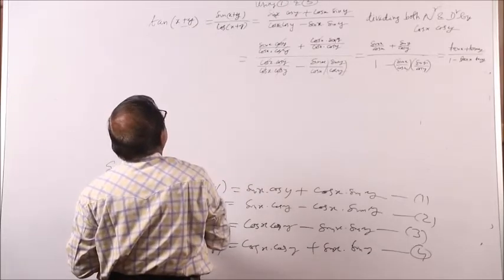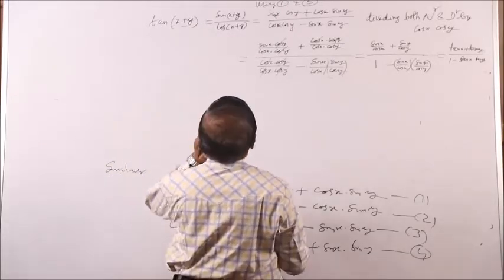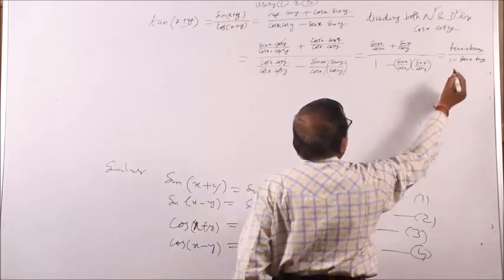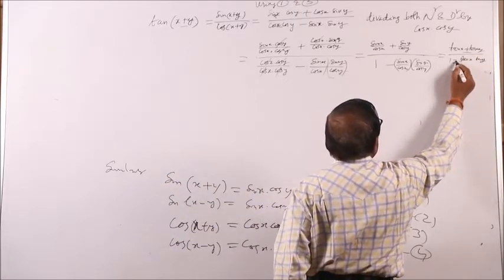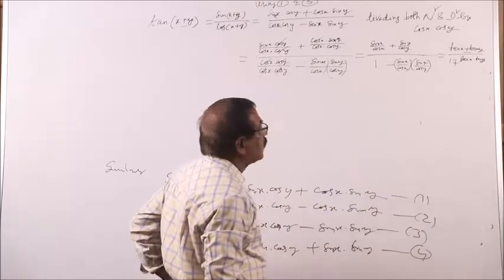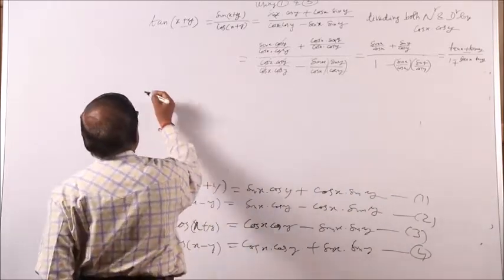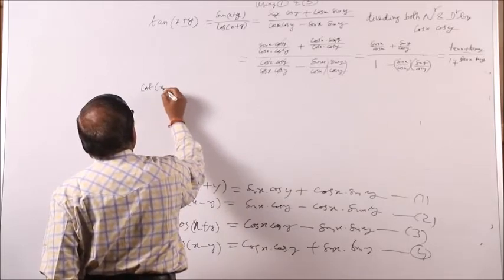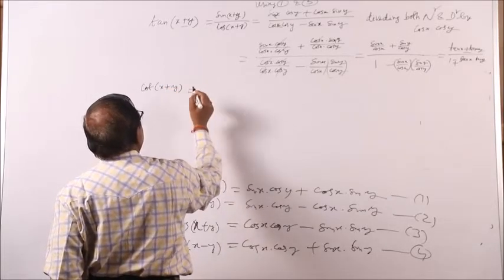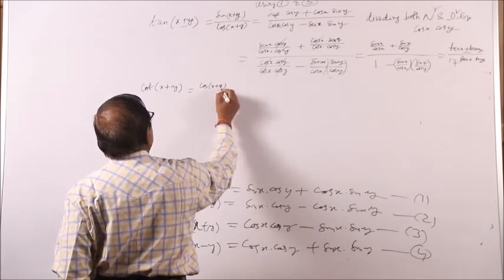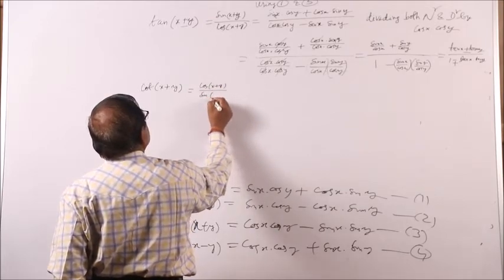If you put a minus here, ultimately you will get the sign like this. This is a minus and this will be plus. Now, we can derive the formula cot(x plus y). This is nothing but cos(x plus y) by sin(x plus y).